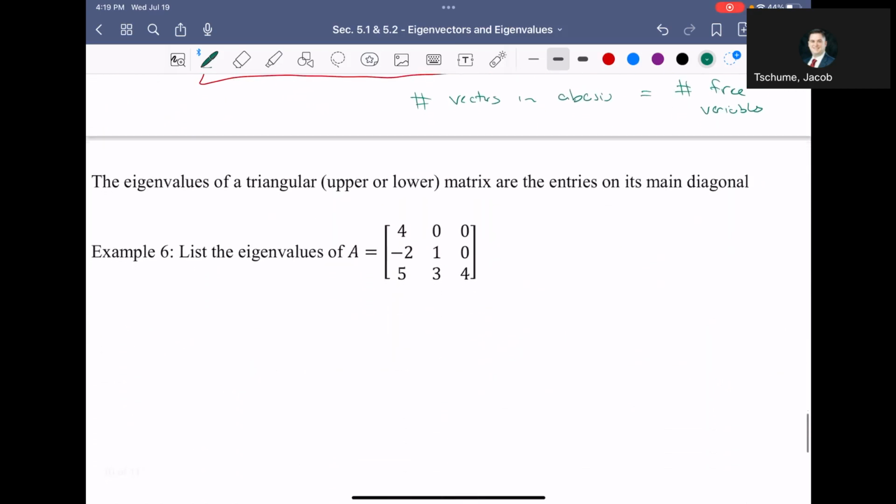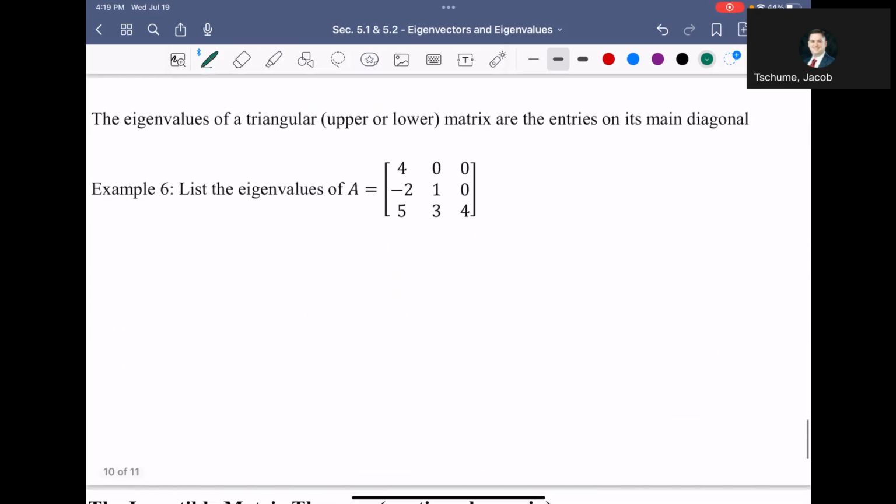All right, to wrap this section up, there's only one other type of eigenvalue situation that you might run into. If you ever run into an upper or lower triangular matrix, then the eigenvalues of that matrix are simply the entries on its main diagonal.